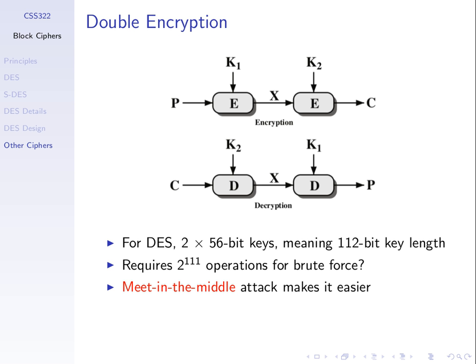K1 produces the value of X, X1P, that matches a value of X going in the opposite direction, X3C, then since these 2 values match, potential key is K1, K3.